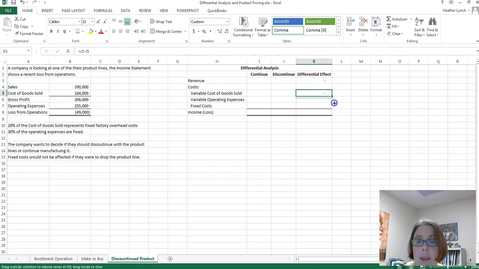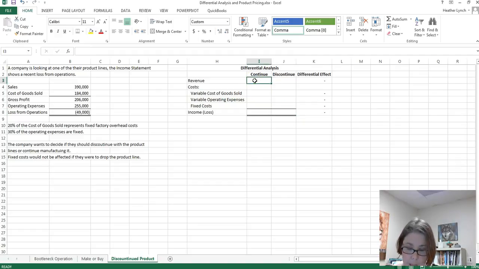We don't have anything in the cost. We'll continue that down here. So if we continue, our revenue is still going to be $390,000. If we don't, we're going to lose $390,000 worth of sales.